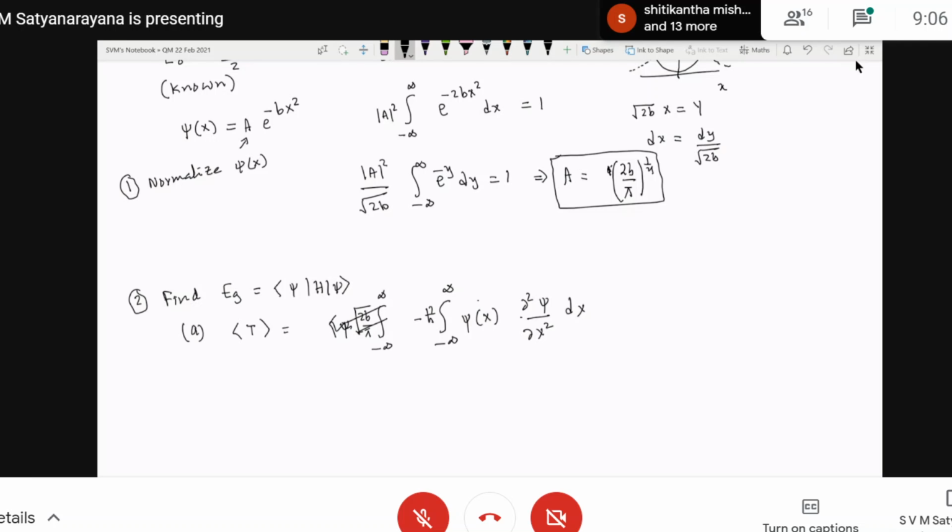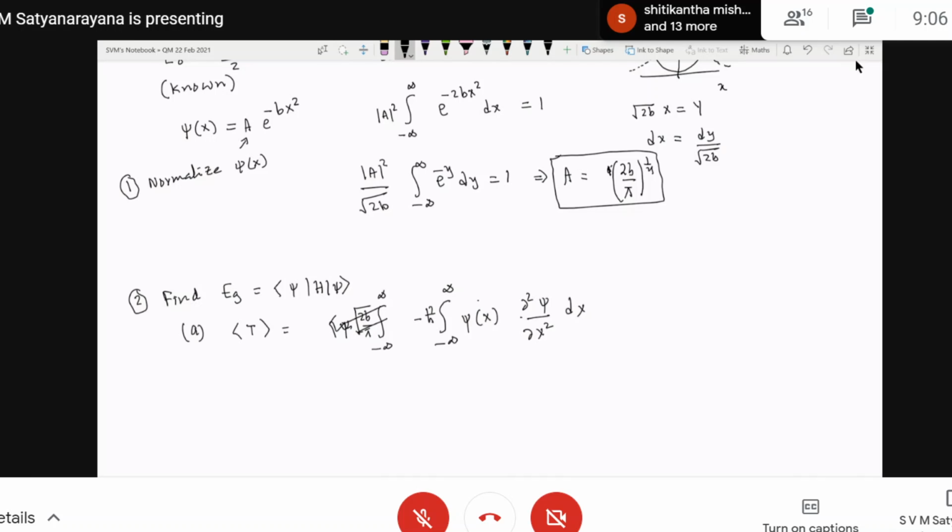Now, if you do an integration by parts of this, then what happens? You have minus h bar square, and dou psi by dou x. I can transfer one dou by dou x to this. Since psi goes to 0 at infinity, that boundary term will vanish.